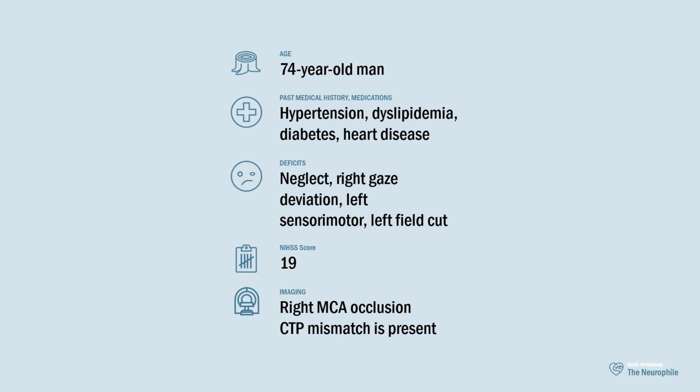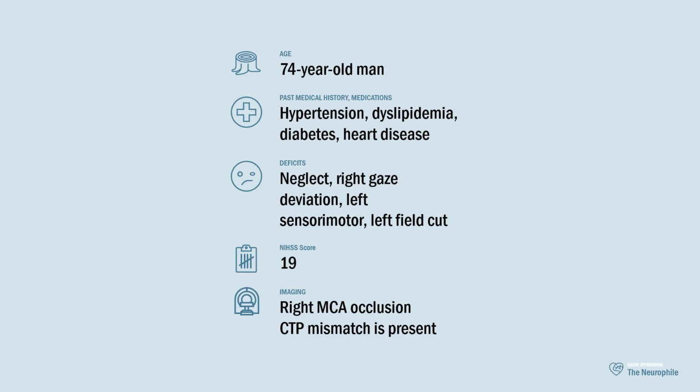Let's summarize what we have so far. Our patient is a 74-year-old man with the typical risk factors of hypertension, dyslipidemia, non-insulin dependent diabetes, and heart disease. He develops neglect, right gaze deviation, left sensory motor deficits, and left field cut, right MCA syndrome. NIH stroke scale score is 19. The deficits are severe.